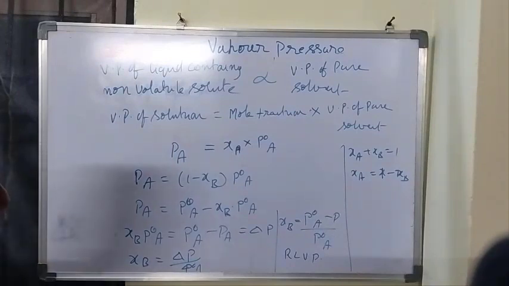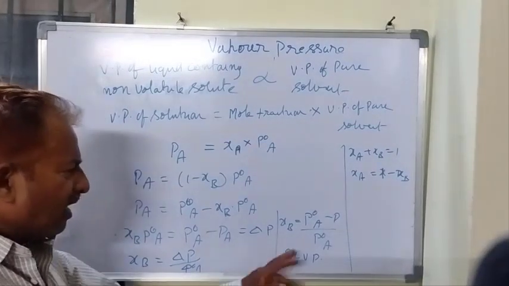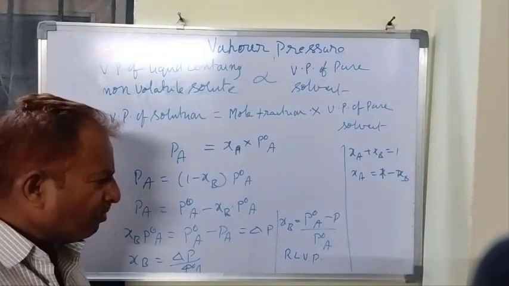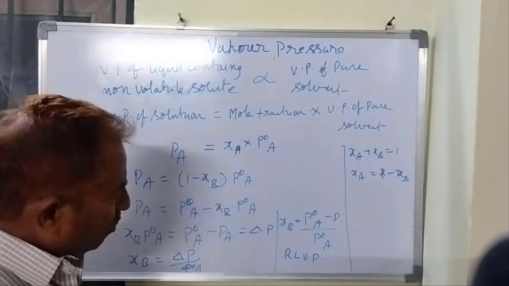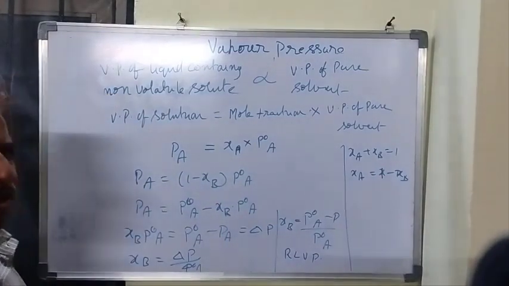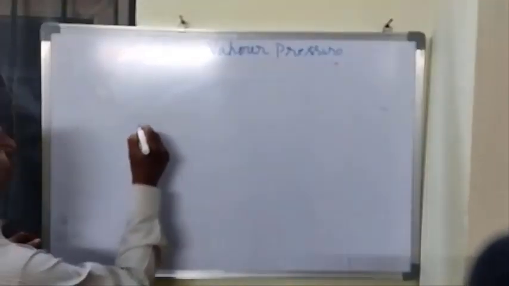Therefore, relative lowering of vapor pressure is the ratio of lowering of vapor pressure to the vapor pressure of pure liquid. So this is nothing but Raoult's law. Now let us define Raoult's law.